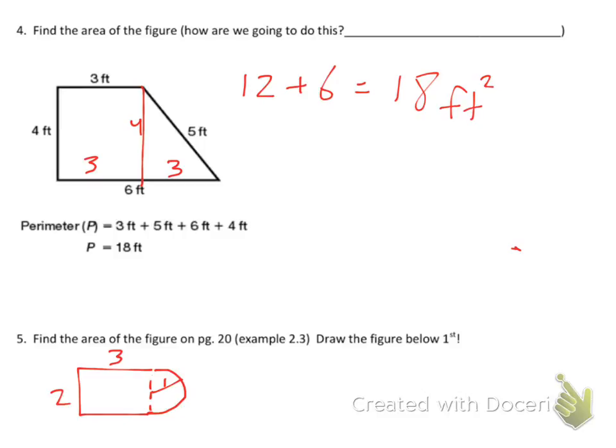What do you see? I see half of a circle and a rectangle. The rectangle has dimensions of 2 times 3, which is 6 meters. And the half circle has a radius of 1.